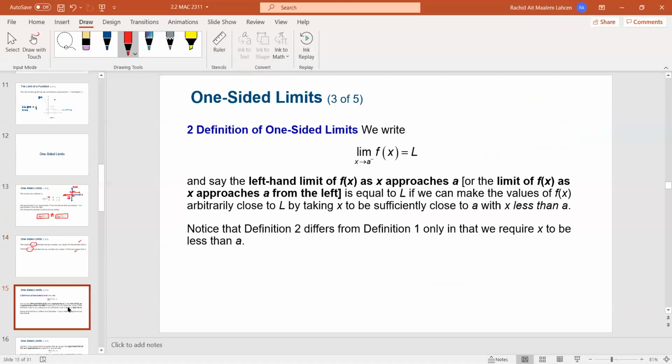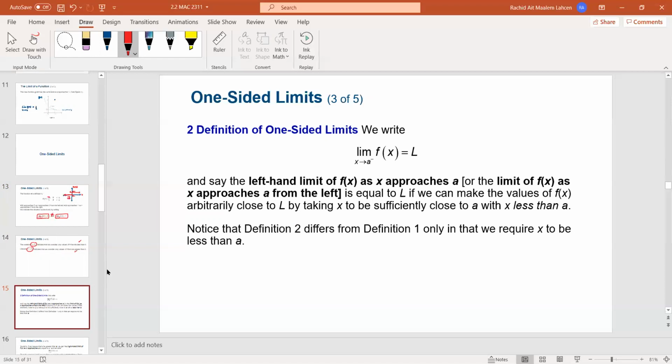All right, so we can call this different ways: x approaches a from the left, or we can call it the left hand limit. So if you hear me say the left hand limit, that means it's going towards a minus, or the values that are less than a.